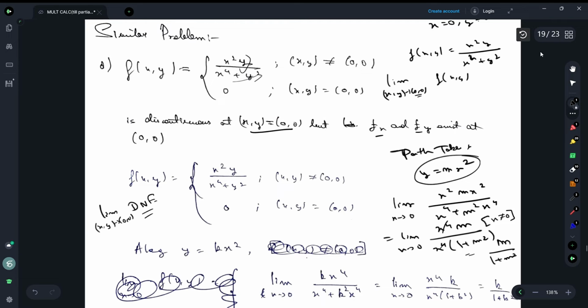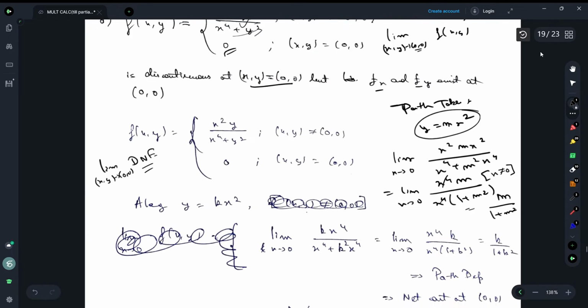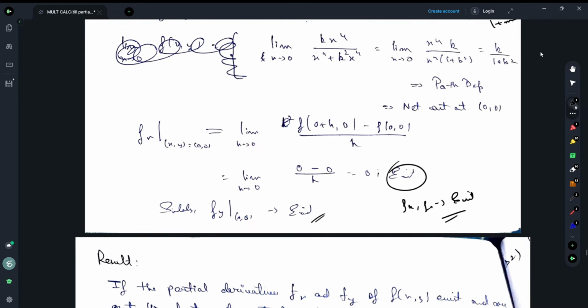Similarly at origin also, the value of this function will be 0 because it is already given here, right? So 0 minus 0 over h, as h tends to 0, will be equal to 0. Therefore fx exists and the value of fx is 0. In the exact similar way, fy will also exist. Clear? So fx and fy exist, but the limit at that particular point, that is origin, does not exist.